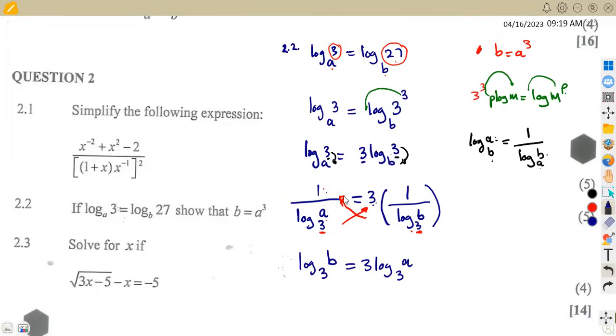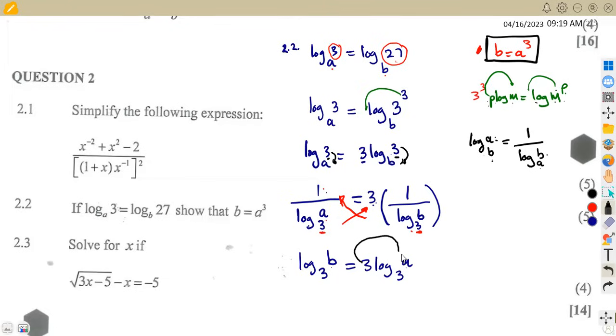Okay. We need to find a way to show that B is supposed to be equal to A to the exponent of 3. We have got a B, we have got an A here. From this law that we talked about before, we said P log M is the same as log M to the power of P, where a number that is multiplying a log can be raised to be an exponent, which is what we can do to this 3.